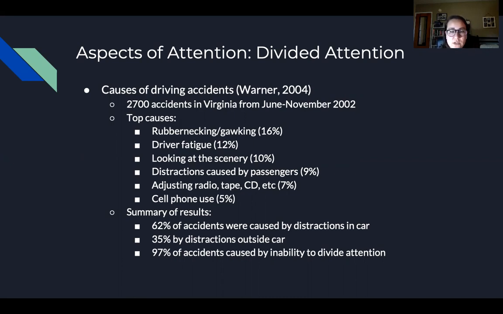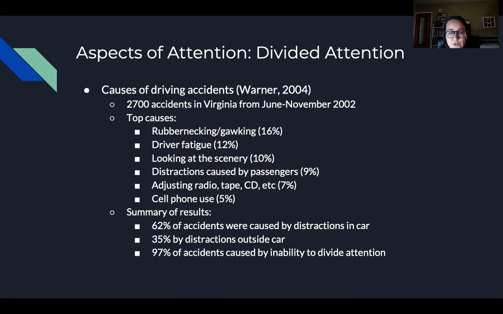And so in order of top causes, we have rubbernecking or gawking, this kind of experience of looking, maybe at other accidents or what was going on with a police officer who pulled someone over, construction. Following this was driver fatigue, looking off at the scenery or landmarks, distractions that were caused by passengers, adjusting whatever form of music, and then cell phone use.